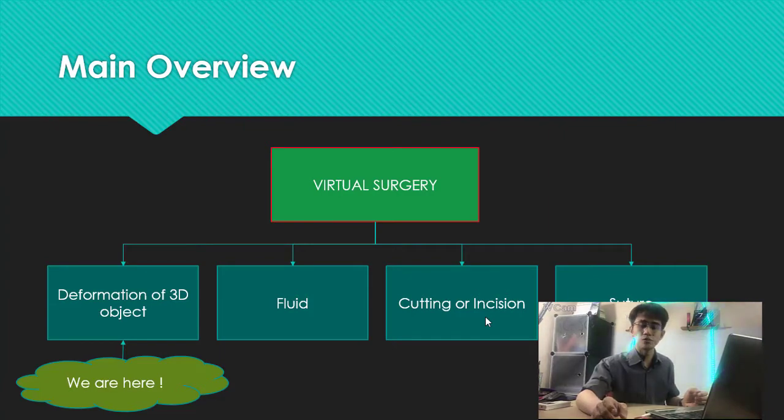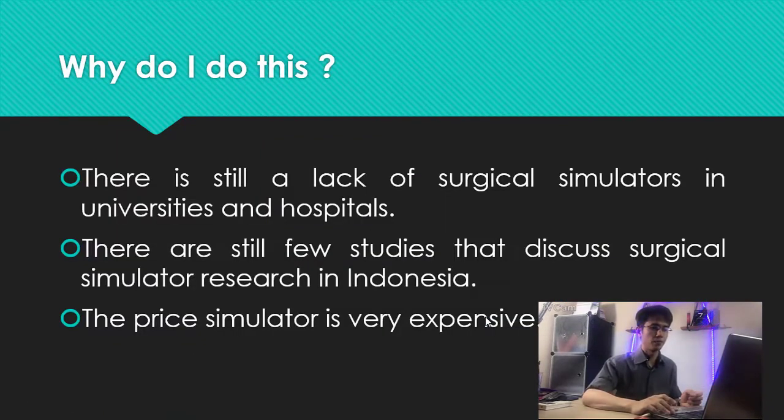The first one is 3D deformation objects, the next is fluid, then cutting and incision, and suturing. These are the main topics we can explore, but I only focus on 3D deformation objects.